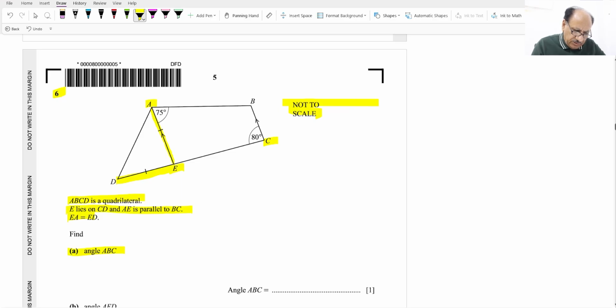A, B, and C. Which angle is required? Basically, this angle is required. So what we can do is, if we extend this line, like I'm extending this line and also this line, so this angle will be 100, because 80 and 100, these two are on a straight line, so it should add up to 180.